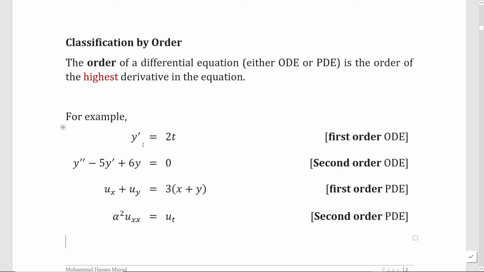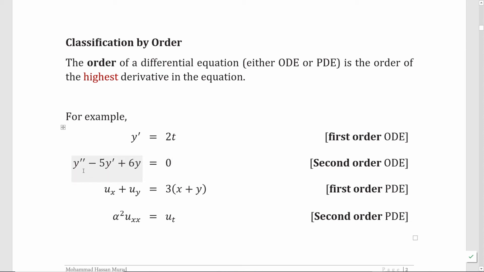For example, y prime = 2t is a first order ordinary differential equation because the derivative present here has order 1. Similarly, in the second example, y double prime - 5y prime + 6y = 0, it's a second order ordinary differential equation.